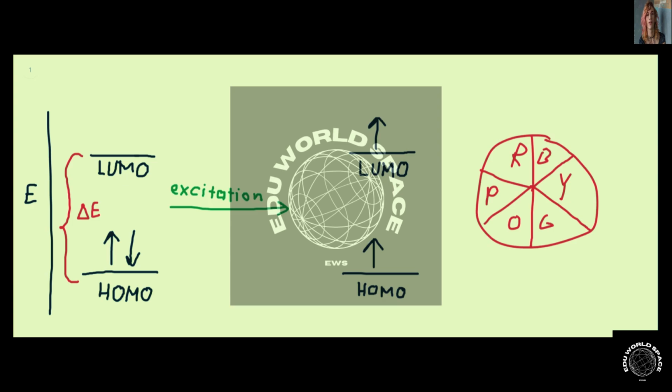So since we have two samples, one white and one green, the white one is going to have the larger HOMO-LUMO gap. The white sample is going to have a greater gap than the green sample.